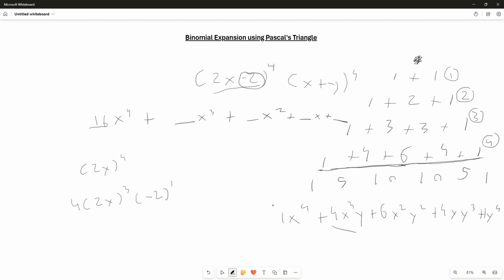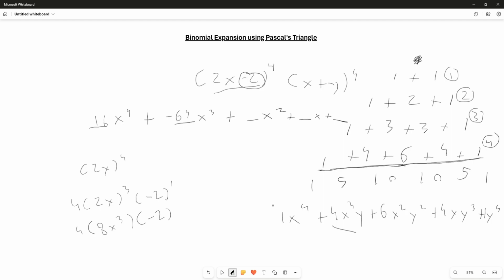So 2 to the third gives you 8, x cubed is x cubed, times 4, times -2 to the first. -2 to the first is just -2. So we have 4 times 8 times -2 gives you -64. And then we just have the x cubed here. So we know that the next thing is going to be -64.